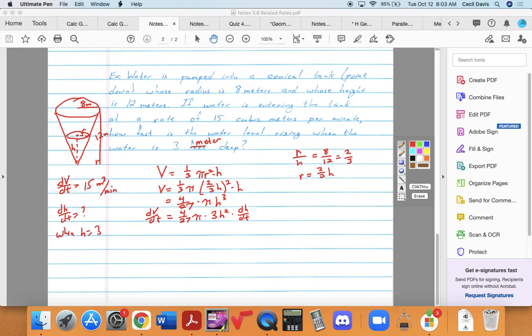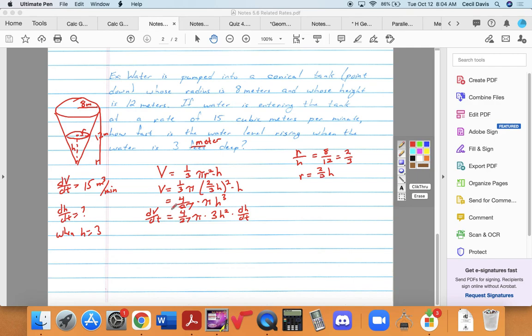We could only have left it 3h squared if it was dV/dh. If we were taking the derivative with respect to h, then yes, it would have just been 3h squared.